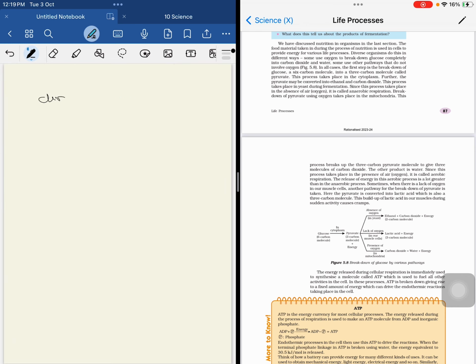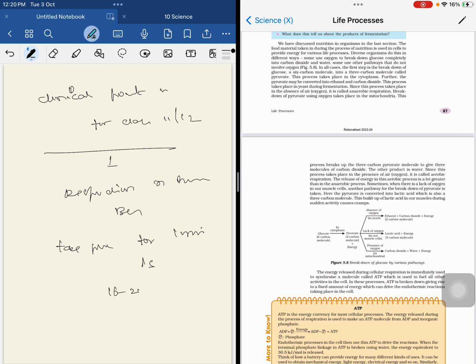Remember a clinical point for students who are interested in BPC for class 11 and 12. Respiration in human beings takes place 16 to 20 times for each minute.